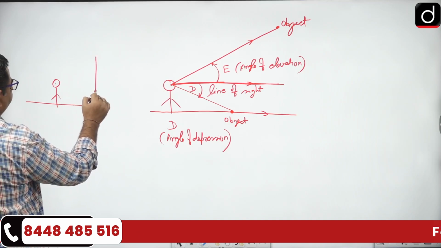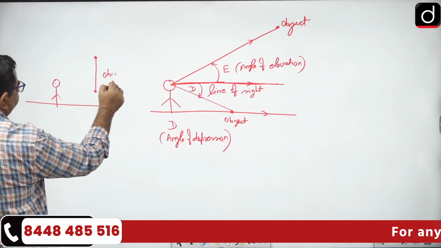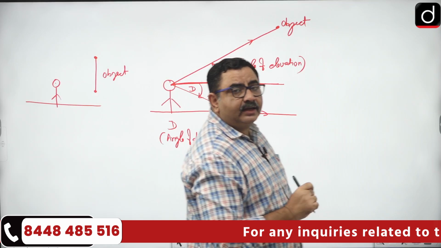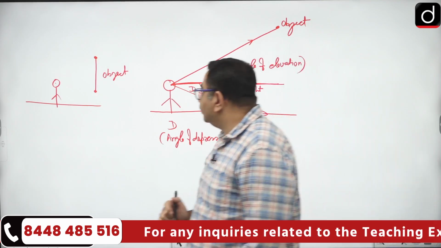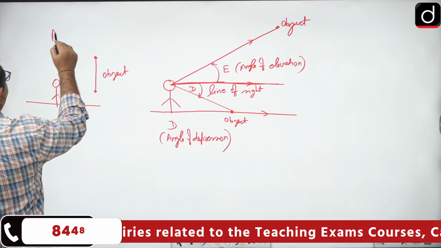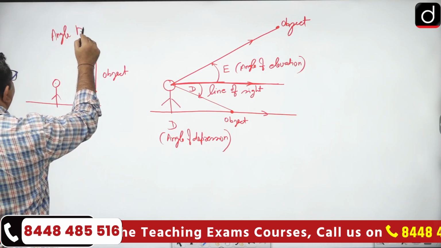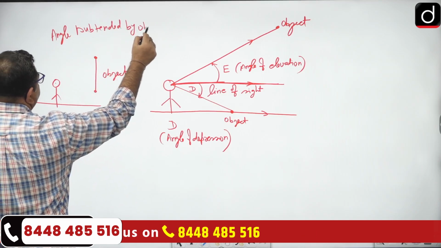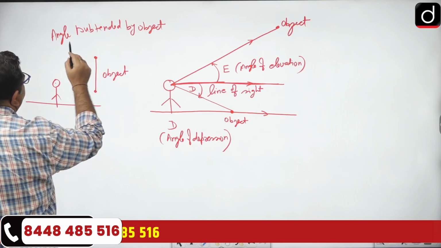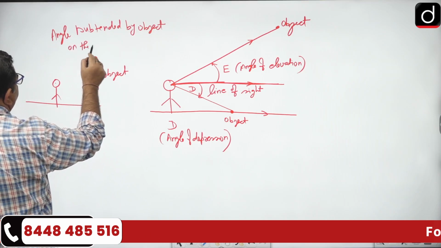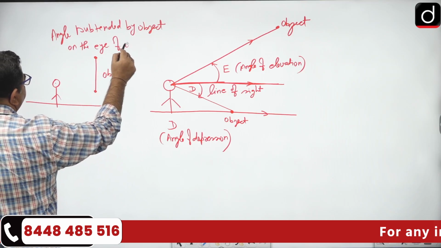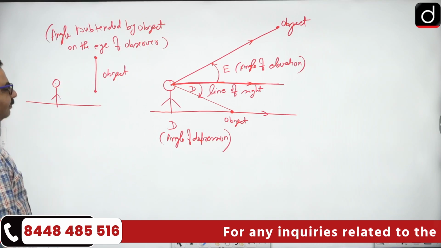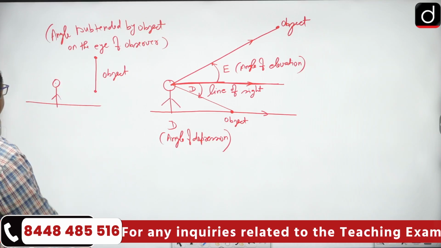He sees some object like this. This is the object, right? And suppose he says the angle subtended by the object on the eye of the observer, right?